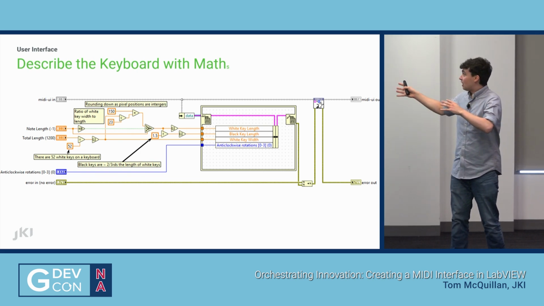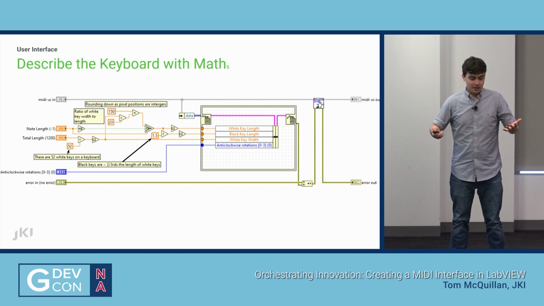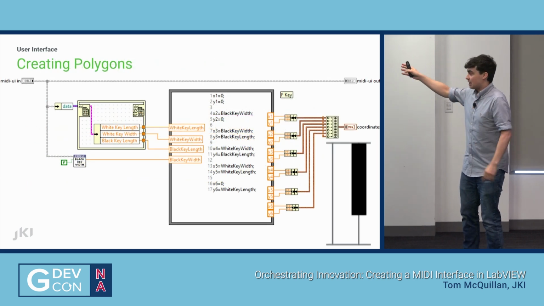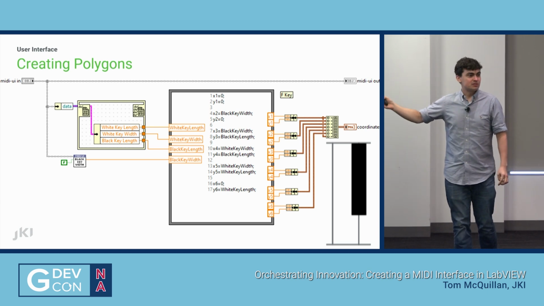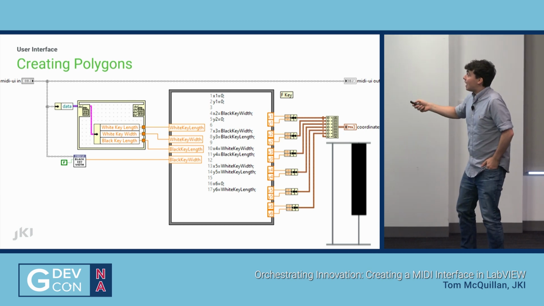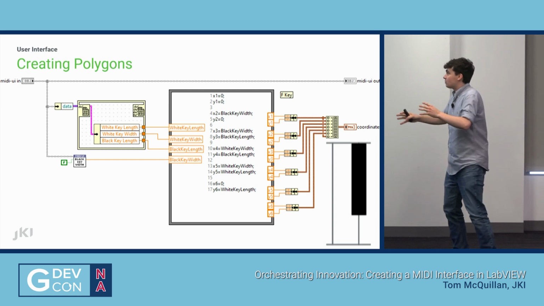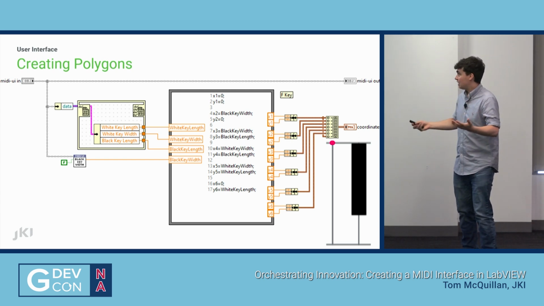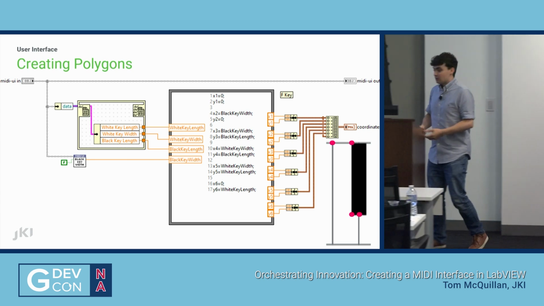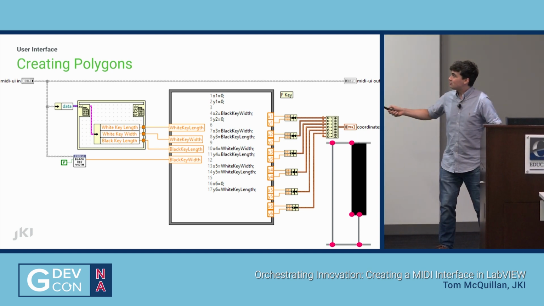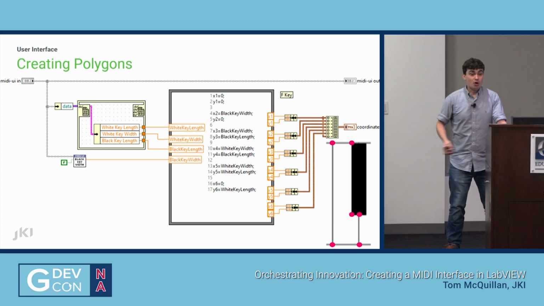And so with that, I can draw my keyboard. This is the first time I've ever used a maths box function. What's it called? Formula node. And basically, from my dimensions, I could point out the corners of the polygon, which is my key. So I'm looking at each of the corners of this key.